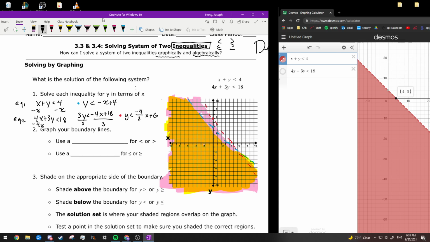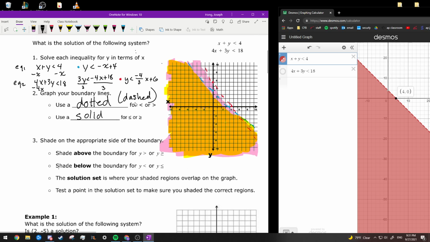Use a dashed line for less than or greater than, and use a solid line for less than or equal to or greater than or equal to. Then shade the appropriate boundaries.